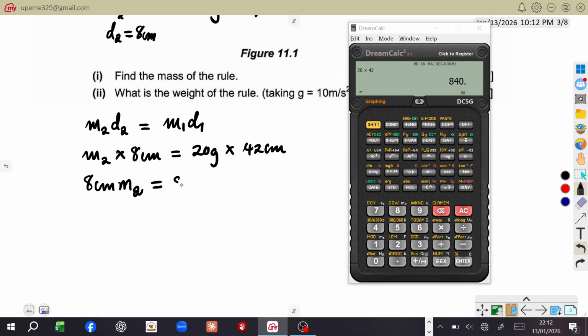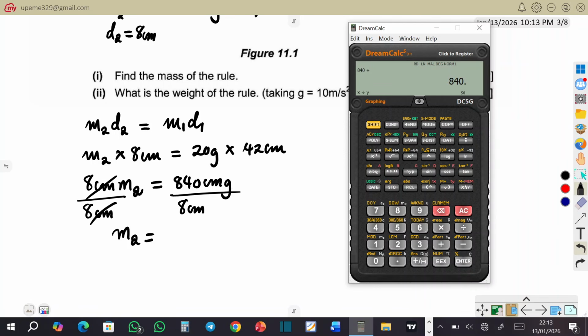So we are getting 840, with centimeters and grams. Here we divide by 8 centimeters, also here by 8 centimeters. That one goes, and we remain with M2 equal to 840 divided by 8, which is 105. The centimeters cancel and we remain with grams.